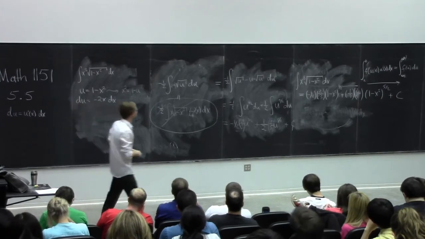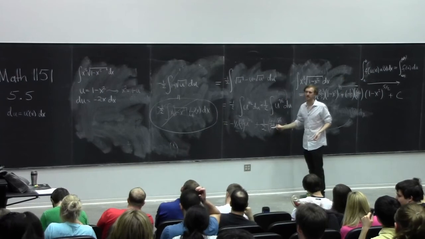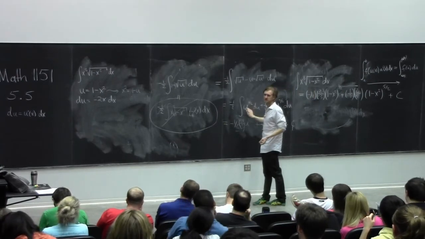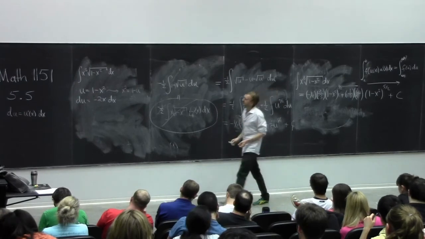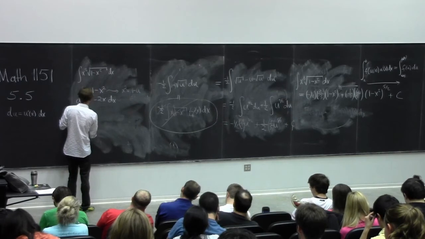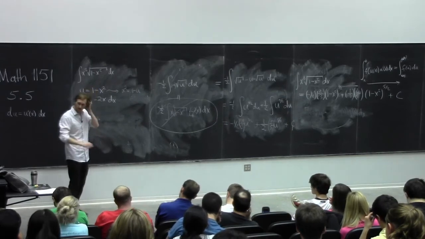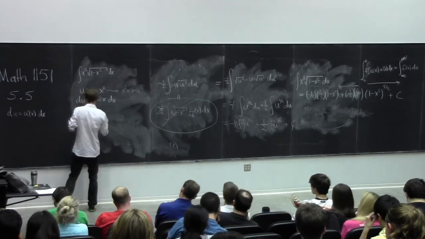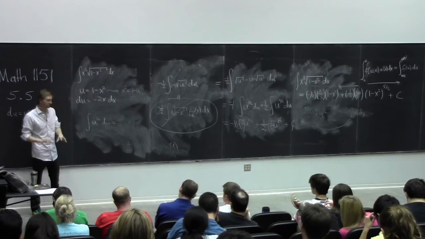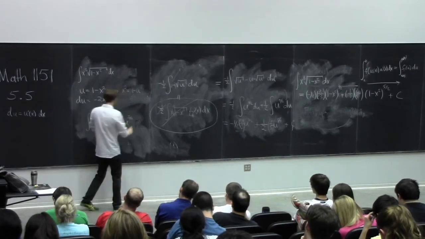Well, let's see. 2/3 and 2/5 here, right? So I'm anti-differentiating this thing right here. If I have u to the 1/2 du, it's going to equal something like u to the 3/2.